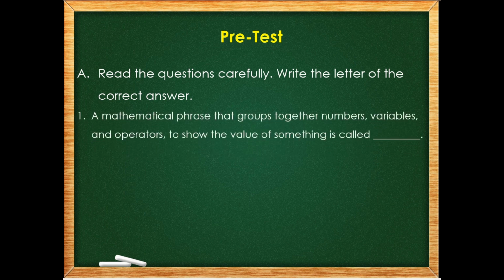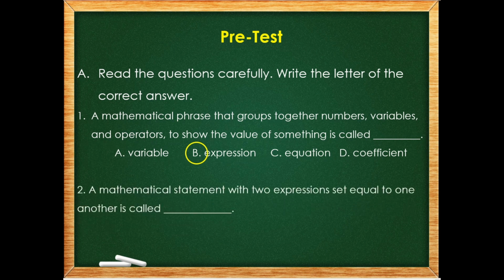A mathematical phrase that groups together numbers, variables, and operators to show the value of something is called blank. A. Variable. B. Expression. C. Equation. D. Coefficient. Yes, the correct answer is letter B, expression.